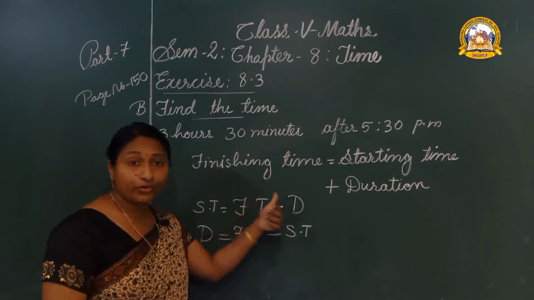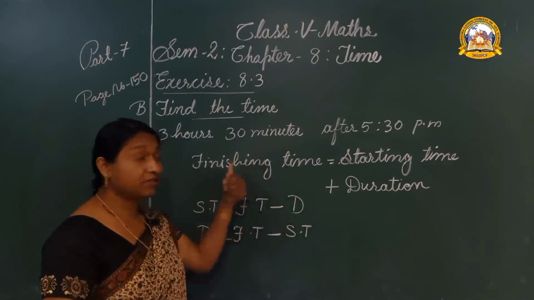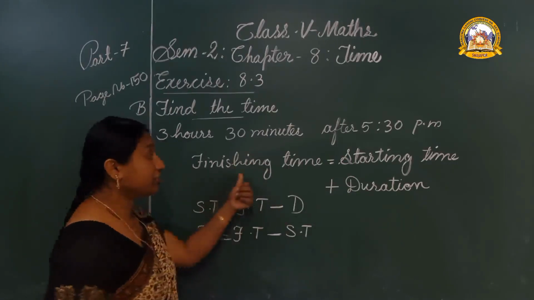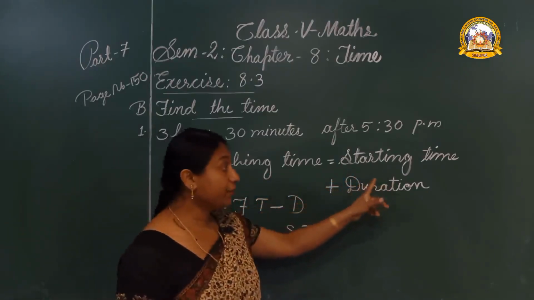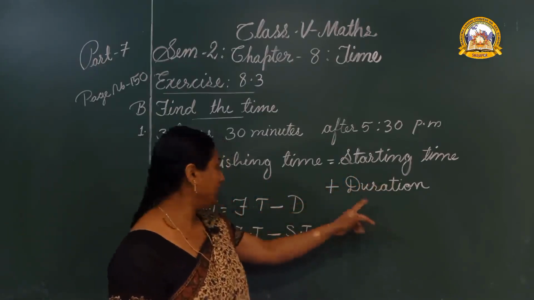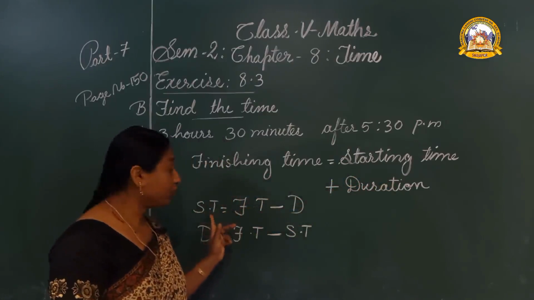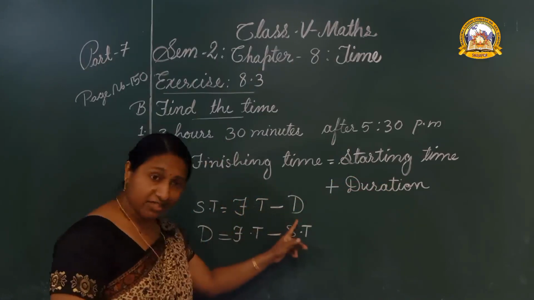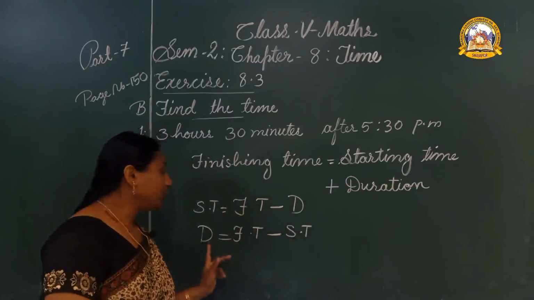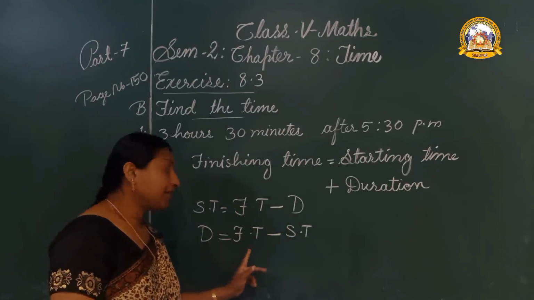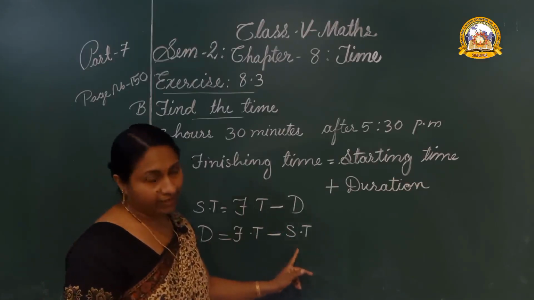Okay, all of you should learn these three formulas by heart. Finishing time is equal to starting time plus duration, and starting time is equal to finishing time minus duration. Then duration is equal to finishing time minus starting time.